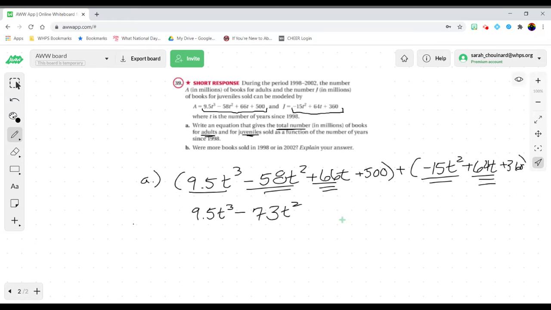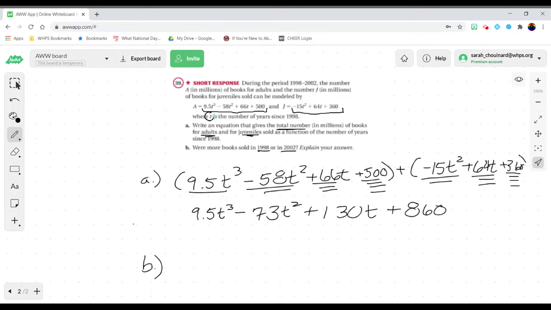66t plus 64t is going to give me 130t, and 500 and 360 are going to give me 860. That's all A is looking for, just the combined total polynomial. B is asking, were more books sold in 1998 or 2002?